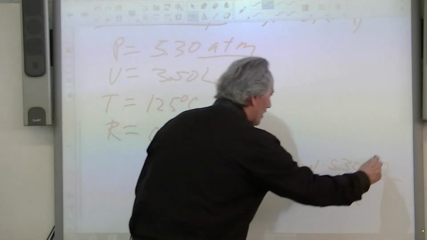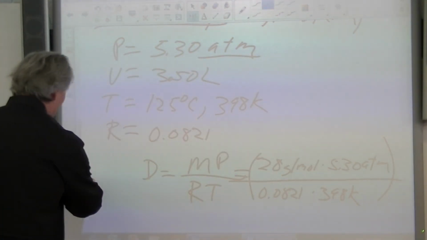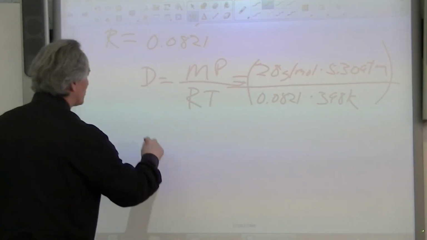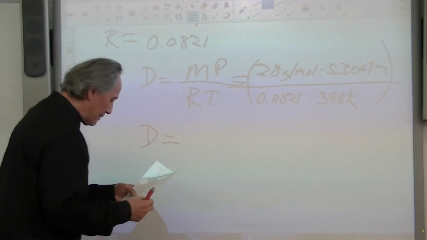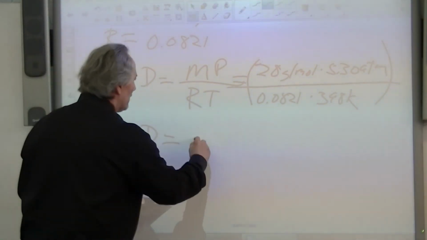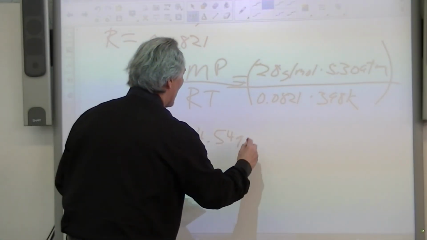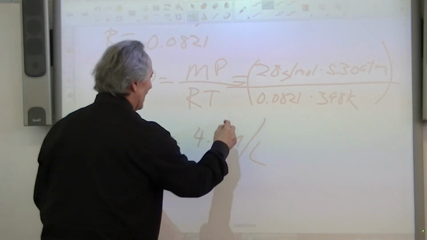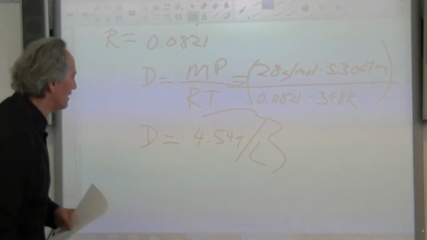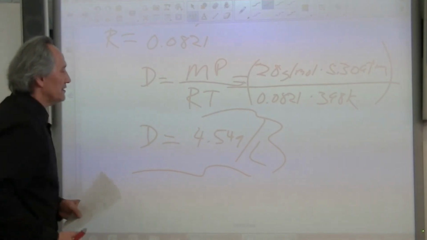And so we've got all the values that we need to calculate for density. When we do calculate that, we come up with a value of 4.54 grams per liter, and this is my density for that.